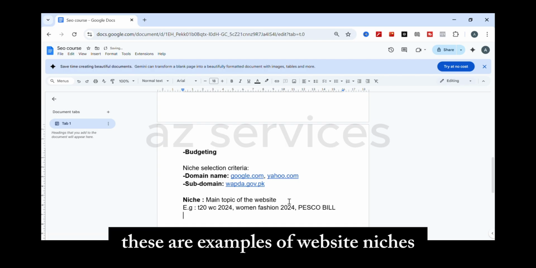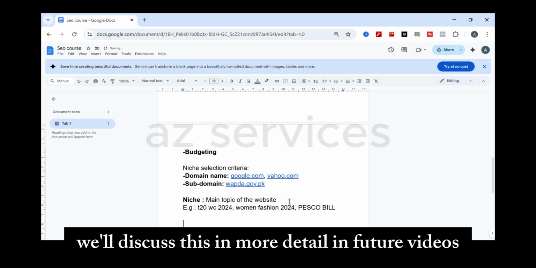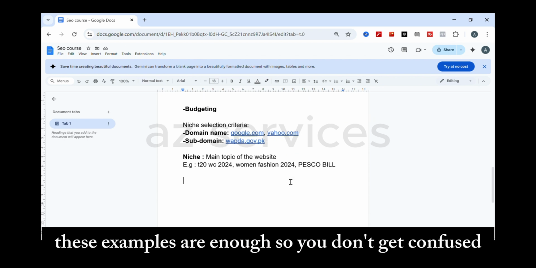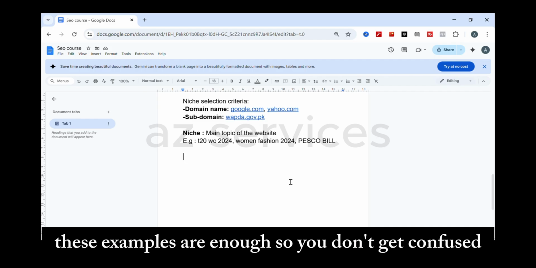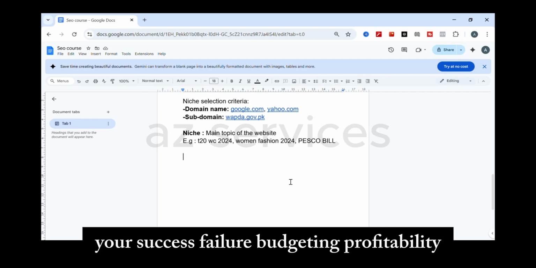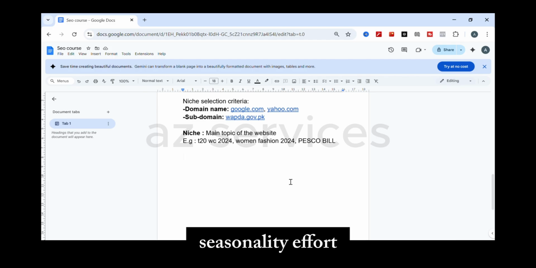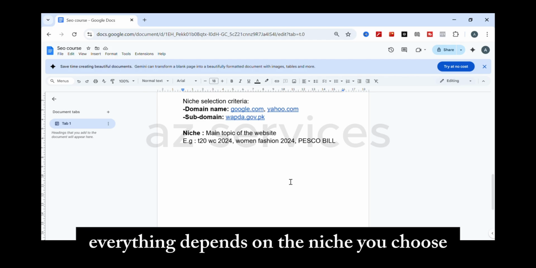These are examples of website niches. We'll discuss this in more detail in future videos, but for now, these examples are enough so you don't get confused. Your success, failure, budgeting, profitability, seasonality, effort, everything depends on the niche you choose.